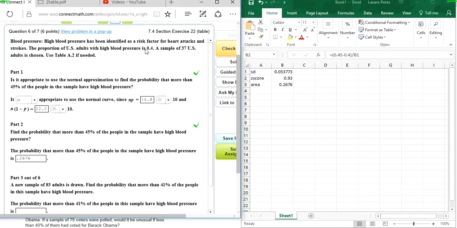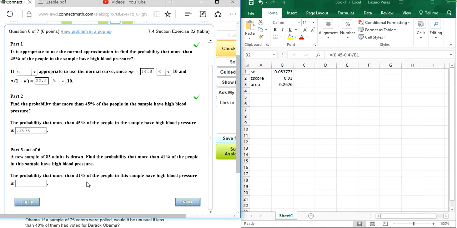The proportion is 0.4. So our x value is 0.41. Our z-score formula is 0.41 minus our mean, 0.4, divided by our new standard deviation we just computed, so 0.19.